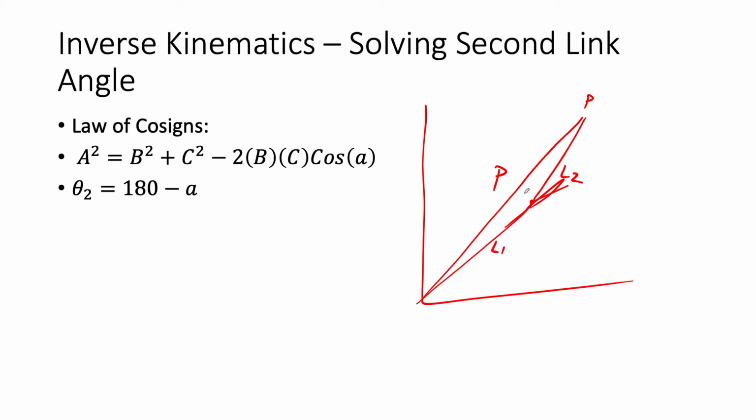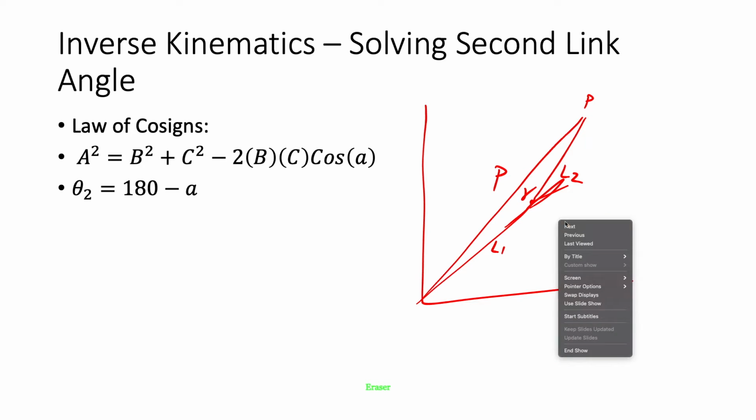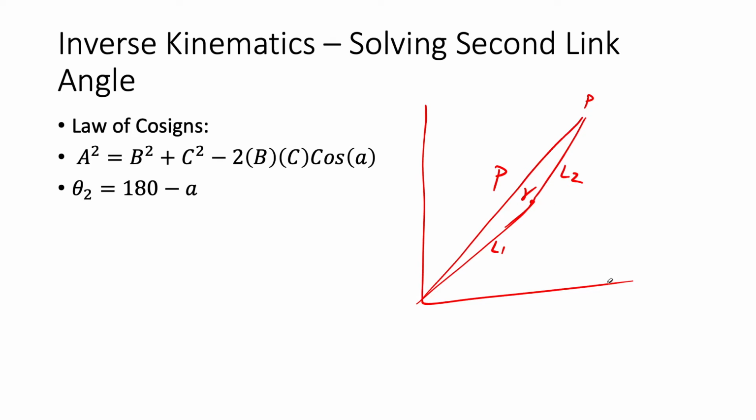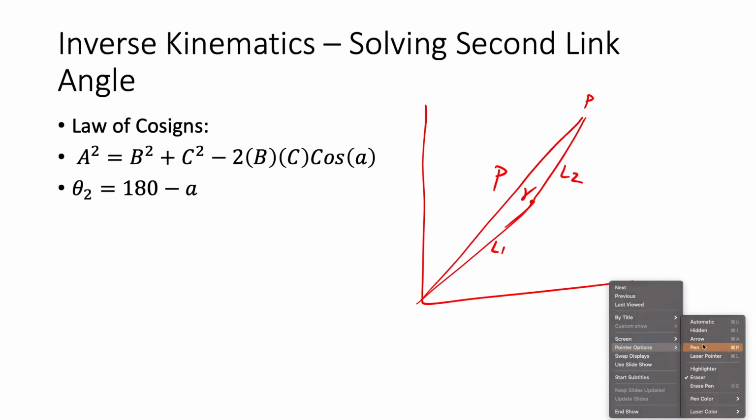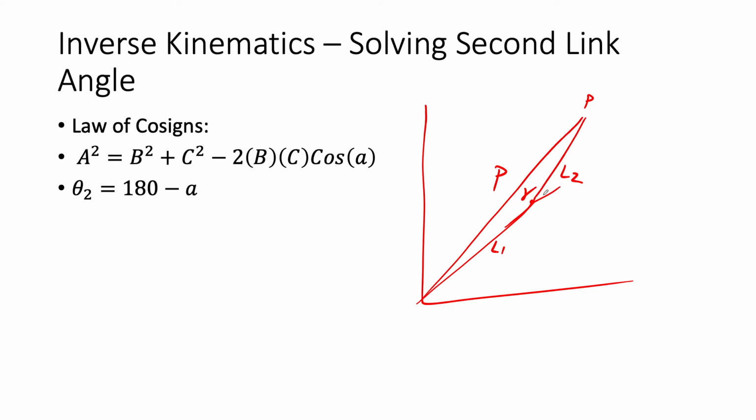So we are able to figure out what this gamma angle is, and based on that, we are able to figure out what our theta 2 is.